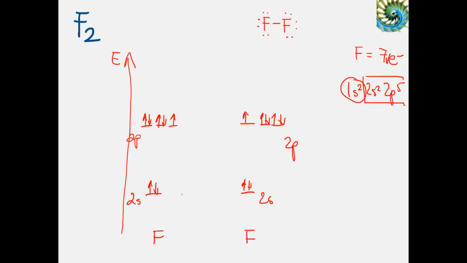Therefore, the 2s will interact with 2s, and you're going to form a sigma bonding and sigma anti-bonding orbital. We have 4 electrons filling up the 2 molecular orbitals, so we'll fill up both of those.